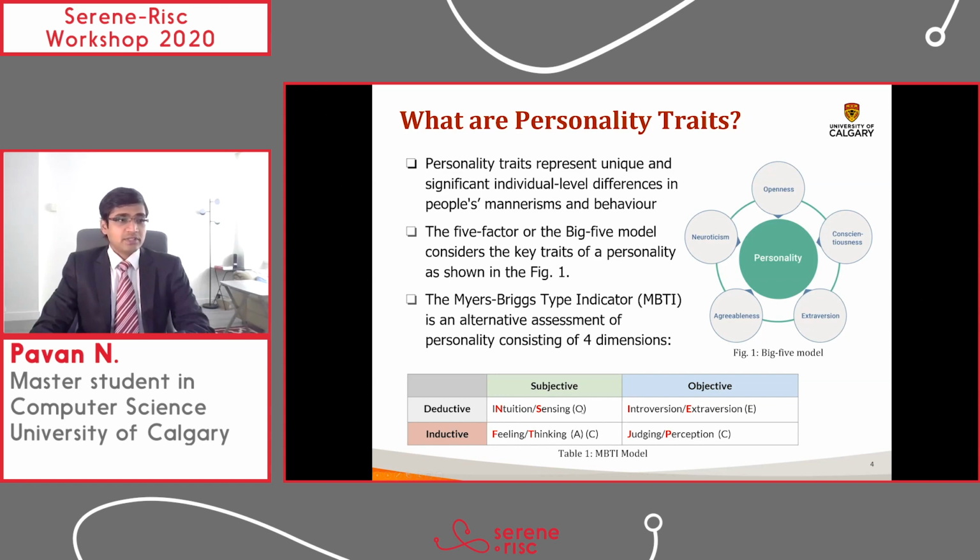They have shown some correlation with the Big Five personality traits as well. For example, the first dimension, intuition and sensing, is related to openness to experience. Introversion and extroversion is correlated with the extroversion trait in the Big Five. Agreeableness and conscientiousness feed into the feeling and thinking dimension, and judgment and perception is related to the conscientiousness dimension of the Big Five.